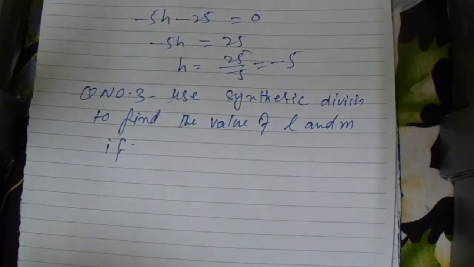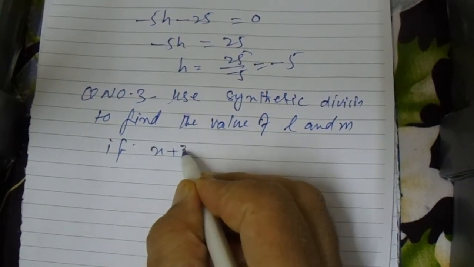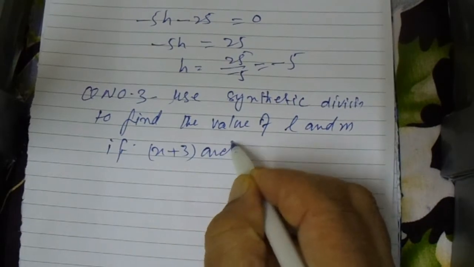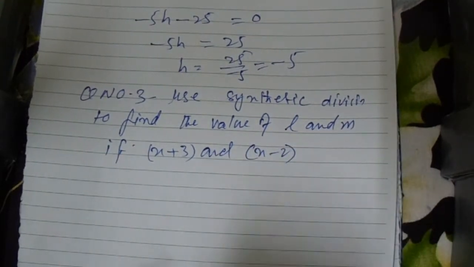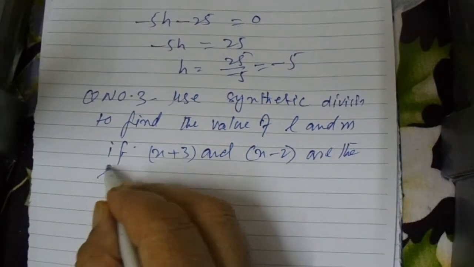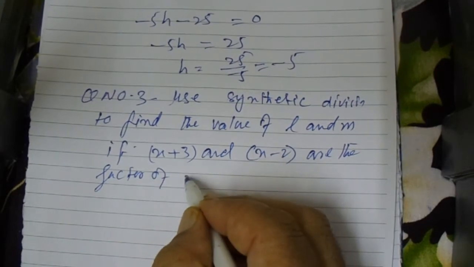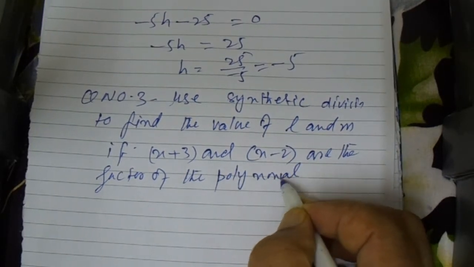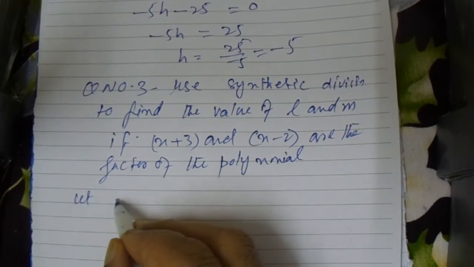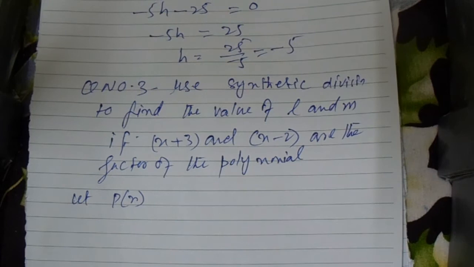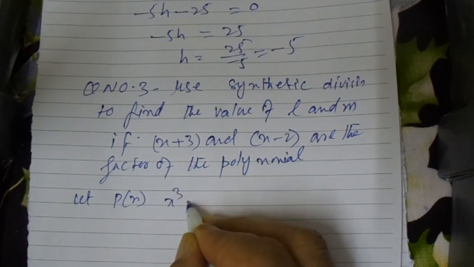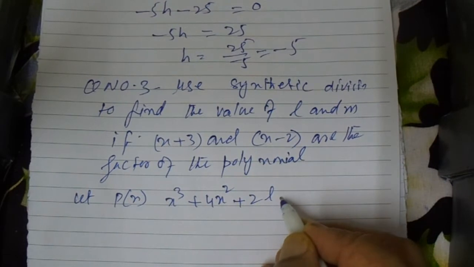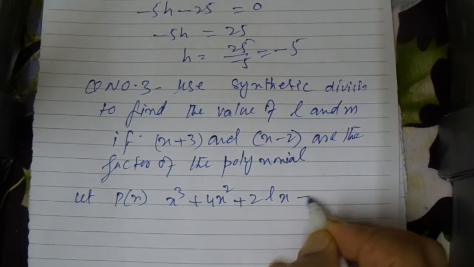If x plus 3 and x minus 2 are the factors of the polynomial, let p(x) be equal to x³ plus 4x² plus 2lx plus m.